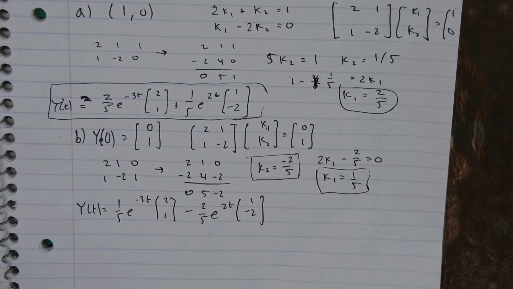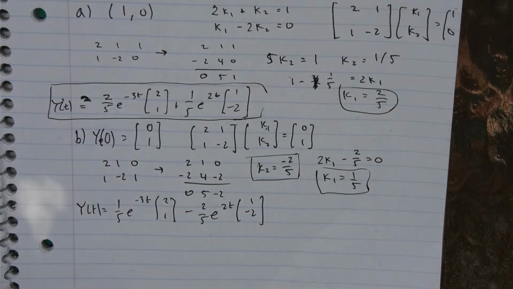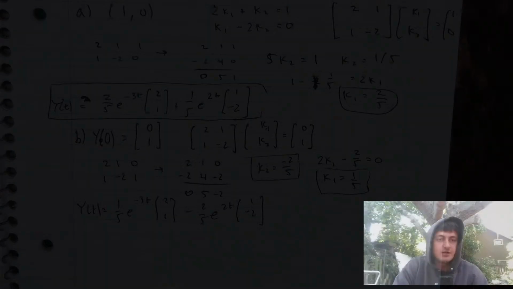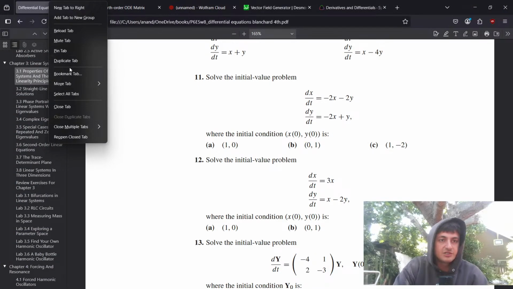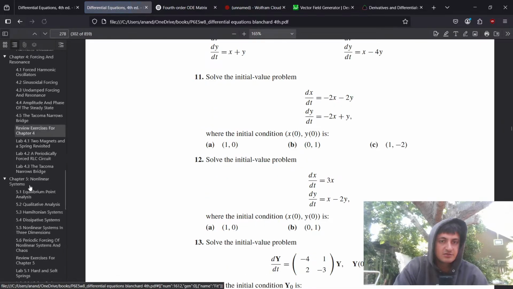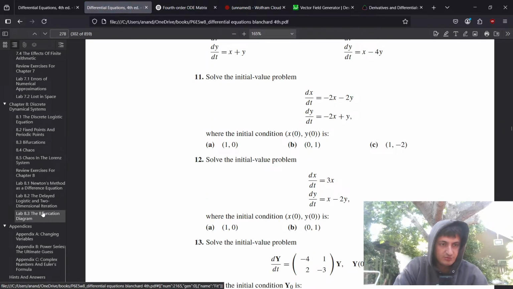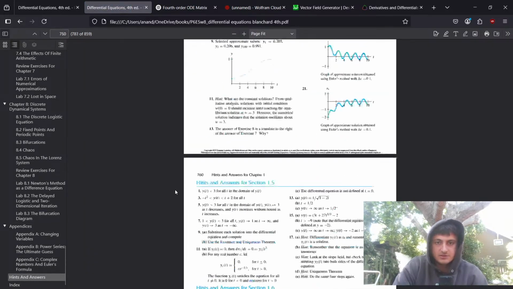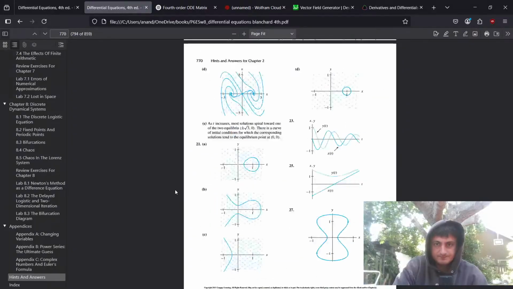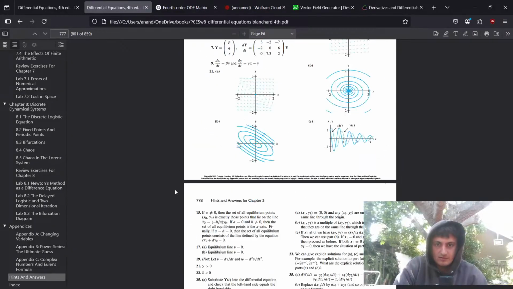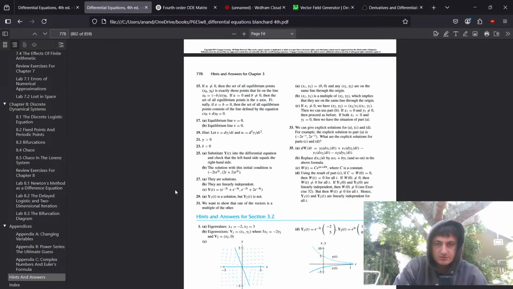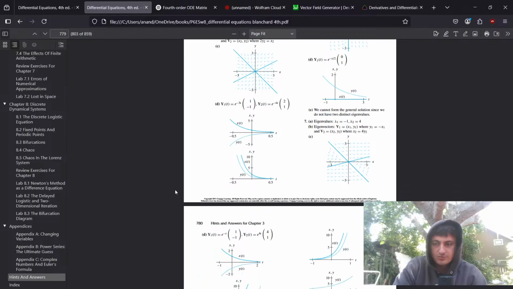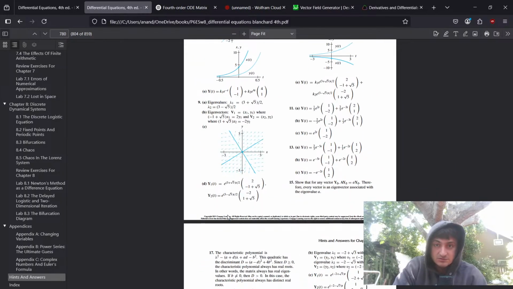I think I'm going to check the back of the book just to make sure that we got it right, but I'm pretty sure that is the correct solution. So what section are we on? 3.2. All right, let's go. Okay, so 3.1, 3.2. We're on problem 11.